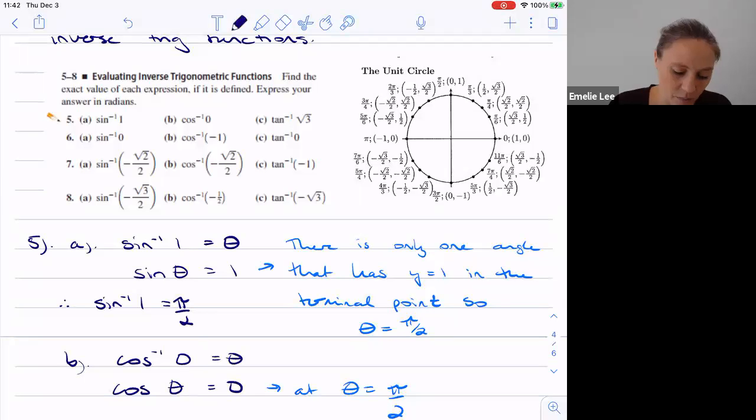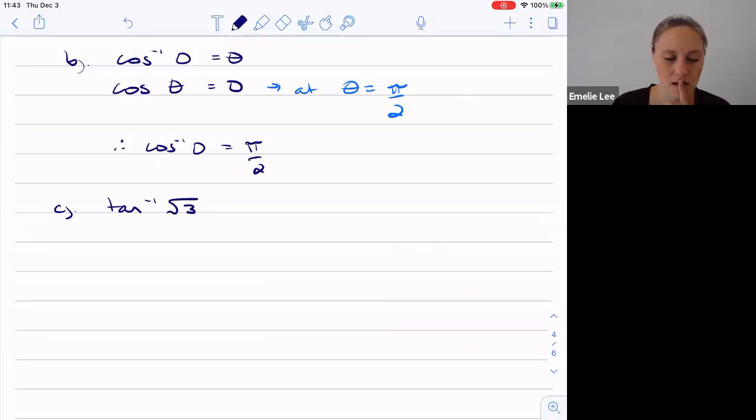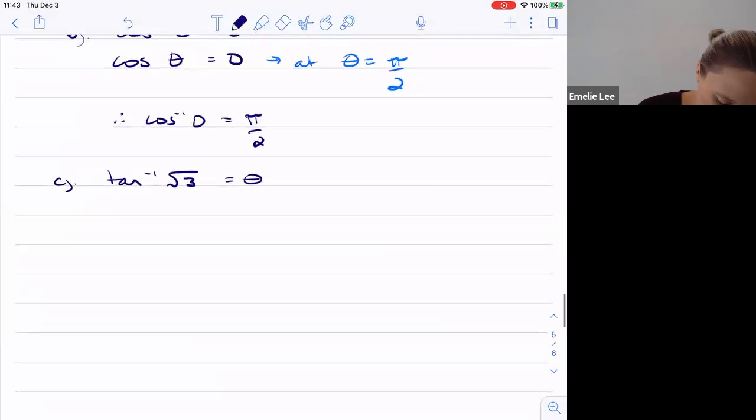If I have to do C, the tan inverse of root 3, okay, let's see here. C, I want the tan inverse of root 3 equals theta. So what that says is that tan theta equals root 3.